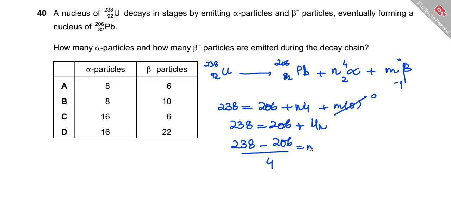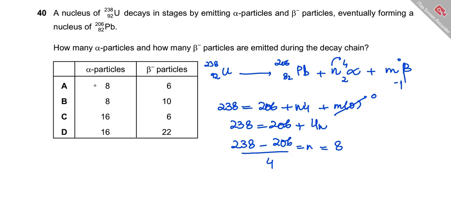Let me first bring my calculator. I hope I was not judged for bringing a calculator for these numeric values. Anyways, 238 minus 206 gives us 32, and 32 over 4 is 8. And this is the value of n, so the number of alpha particles emitted in this nuclear decay is 8.